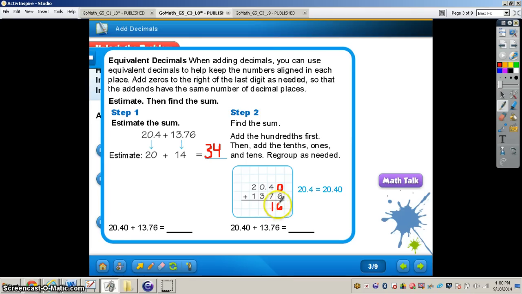You need to put 1 in the tenths place and carry a whole over. Make sure you put that decimal point there. 1 and 3 gives you 4. 2 and 1 gives you 3. For 34 and 16/100ths. Let's write that right in our Go Math books.